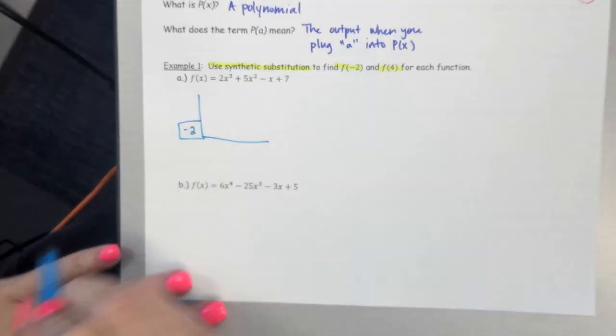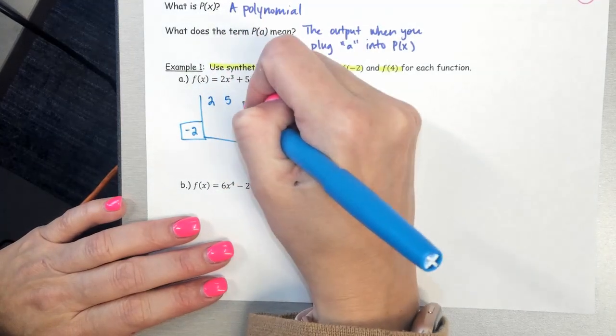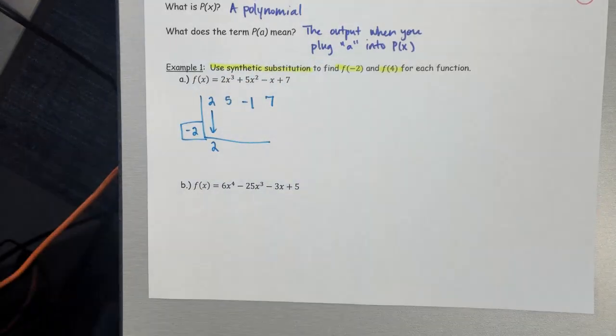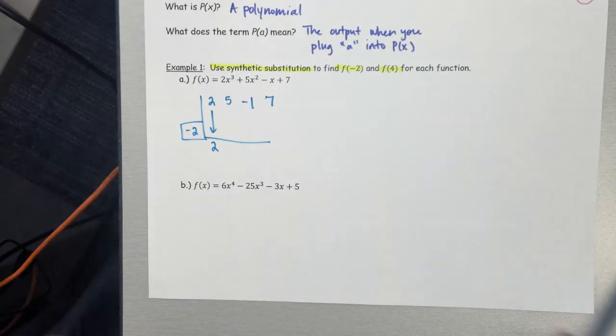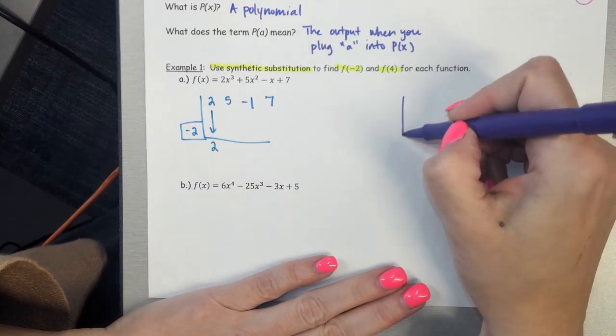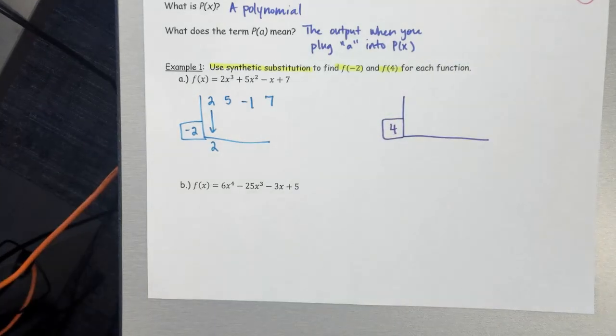And then you're going to put the coefficients along the top. So 2, 5, -1, 7. Okay, go ahead and do your synthetic substitution there. Okay, and then when you're ready, you can also do 4. Okay, so we're doing all of this without our calculator today.